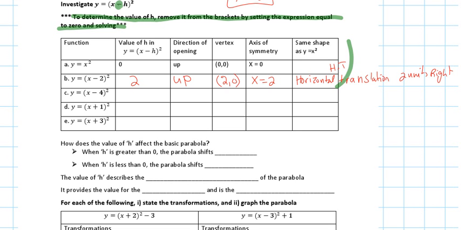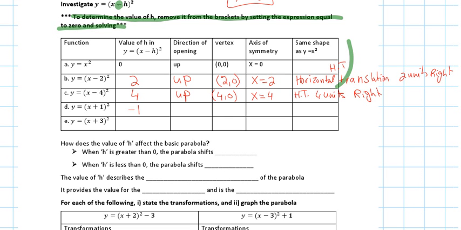What's the value for h for the second one? y equals x minus 4 squared. 4, direction of opening. Vertex. Axis of symmetry. And horizontal translation. Okay. h value for the next one. -1.